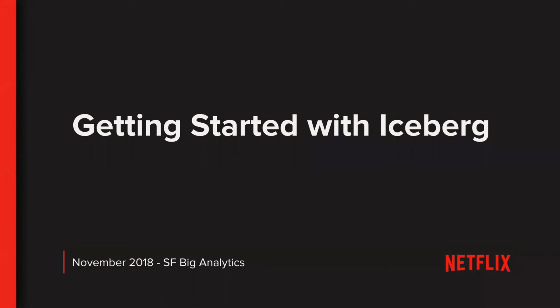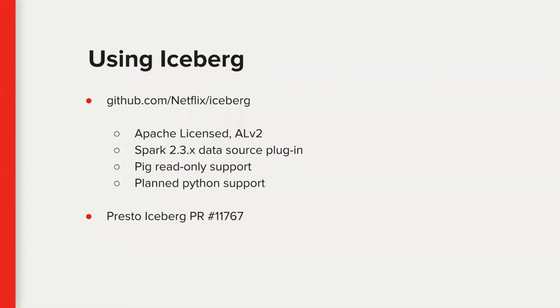All right, and with that, I'm going to quickly mention that Iceberg is an open source project. It's Apache 2 licensed. We have a Spark 2.3 plugin. I have a branch for Spark 2.4 that I'll release soon. We have Pig read-only support up on the GitHub project. We have planned Python support that's coming out soon.